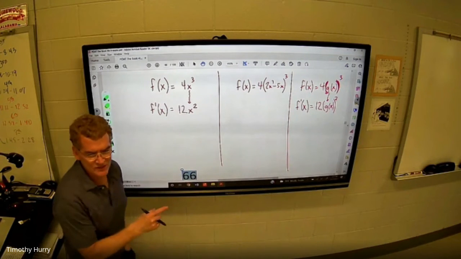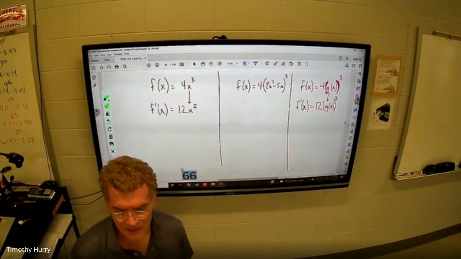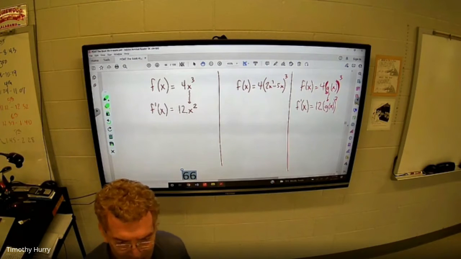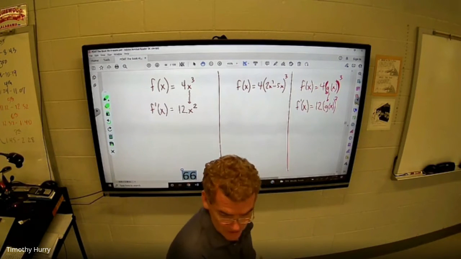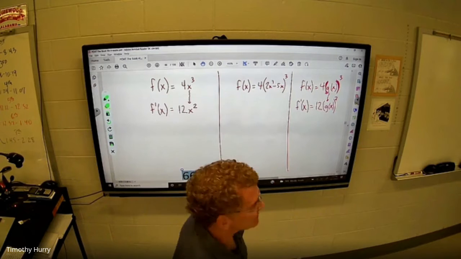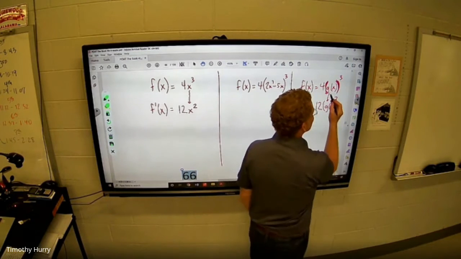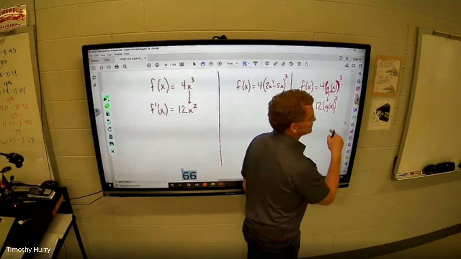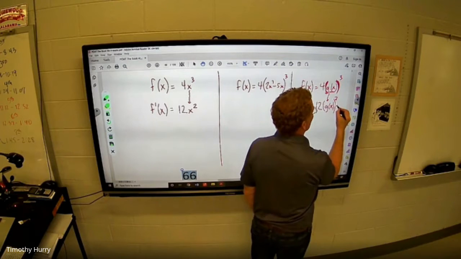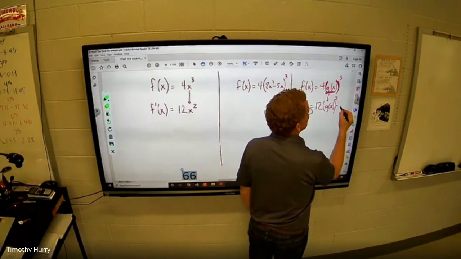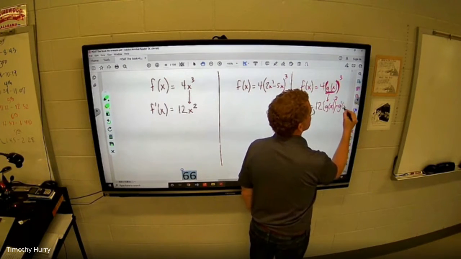The difference is this. The chain rule states that you need to go back and link, that's the word chain, link this to the inner function. And the way you do that is by multiplying by the derivative of the inner function.